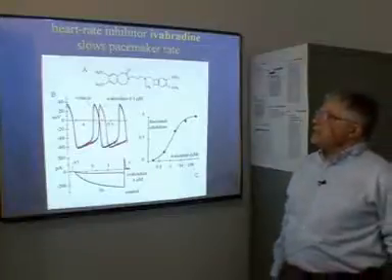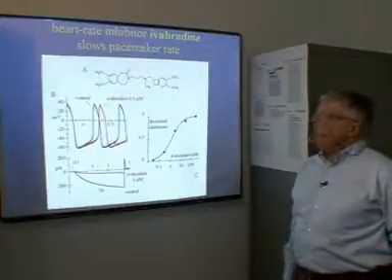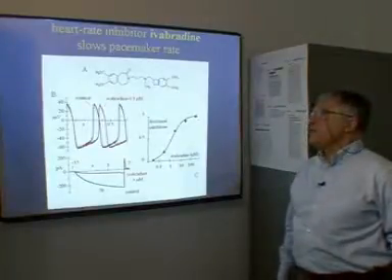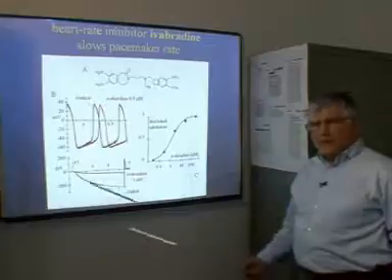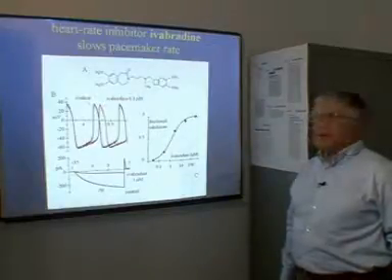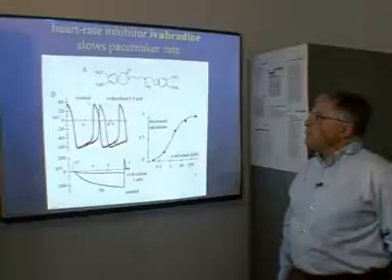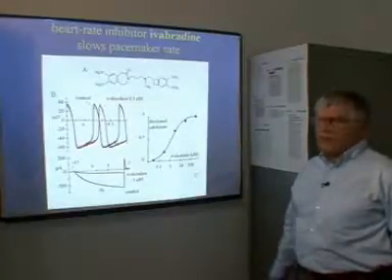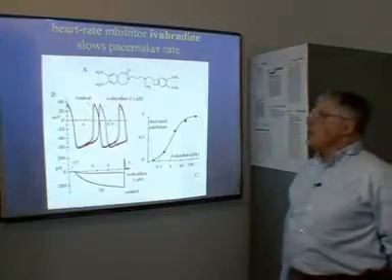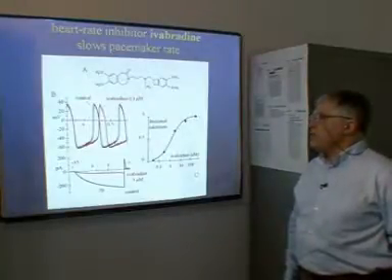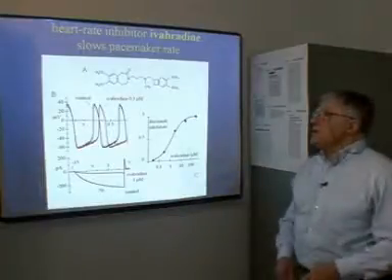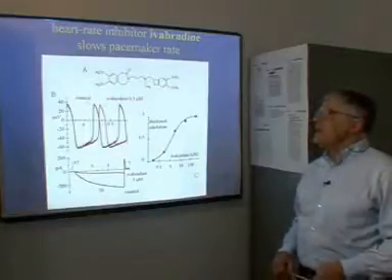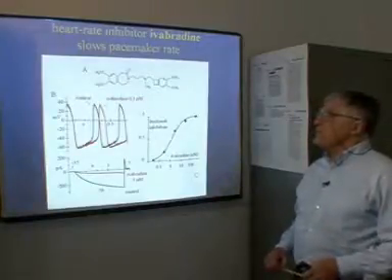A third application, possibly the most important one at present, concerns funny channels viewed as pharmacological targets for the control of heart rate. It is long known that slowing of heart rate is beneficial in the treatment of several pathologies such as angina, heart failure, ischemic heart disease, and lowering heart rate is known to decrease the oxygen demand and to improve myocardial perfusion during diastole, and therefore improves the oxygen balance.